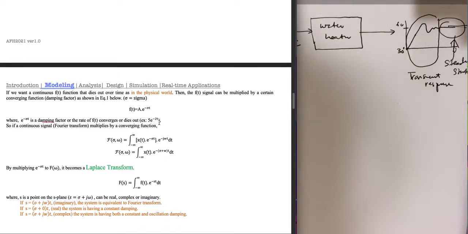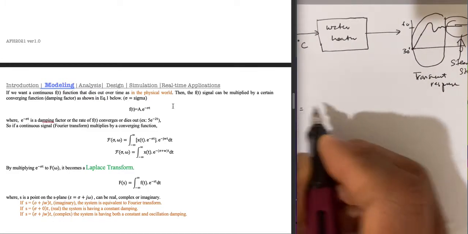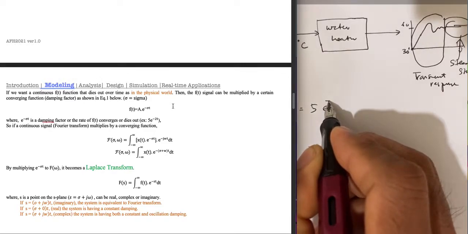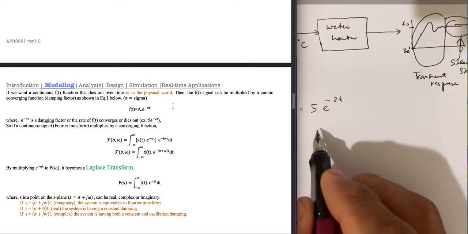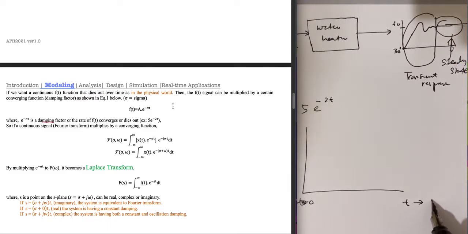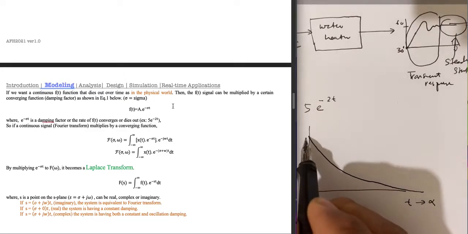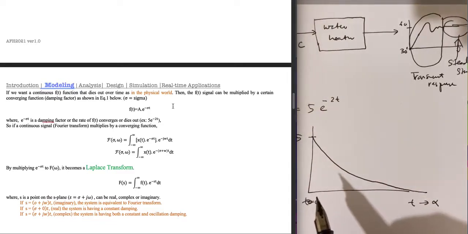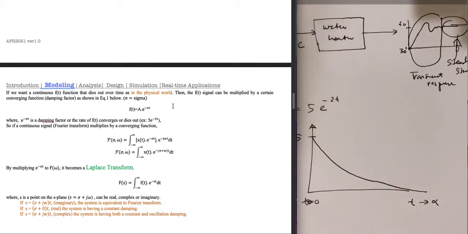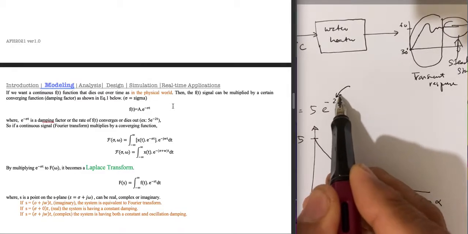Example, 5e to the minus 2t. We have f(t) equal to 5e to the minus 2t. Then the signal, when t equals 0 and then t approaches infinity, will look something like that: the amplitude is 5 when t equals 0, and then it slowly, gradually dies out depending on this, right?